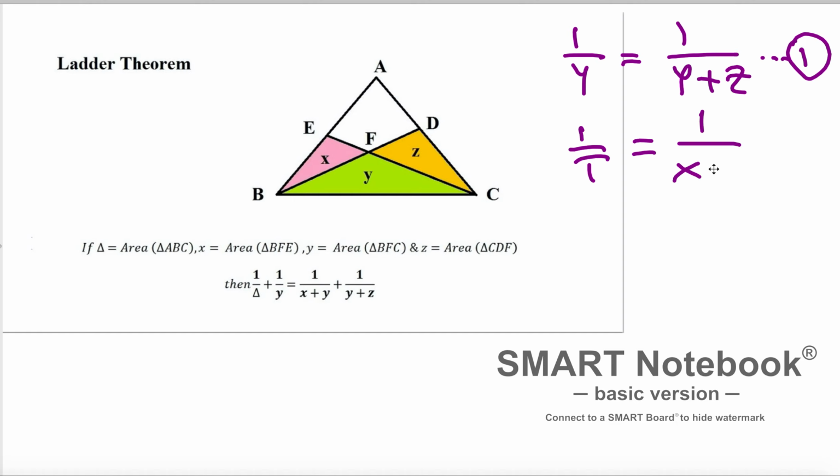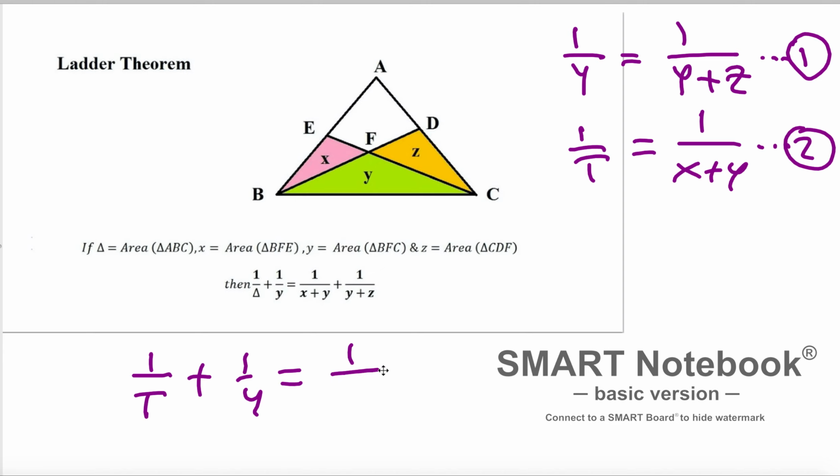If we combine equation 1 and equation 2, we get 1 over T plus 1 over y is equal to 1 over x plus y plus 1 over y plus z, what we already had here. So we have proved this ladder theorem.